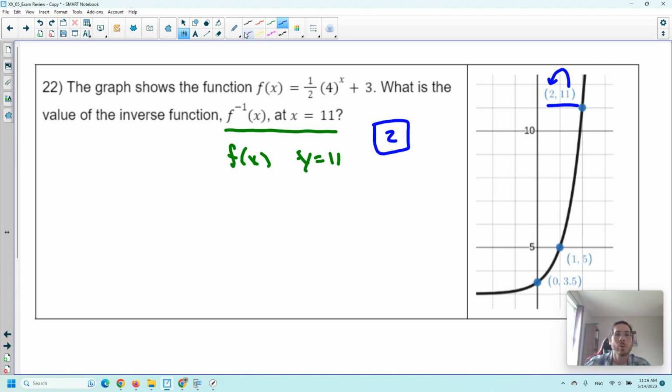If you really want, you can actually find the inverse. So if you really wanted to, you could start back at the beginning and work your way through it and say x equals 1/2 4 to the y plus 3. So minus 3 both sides equals 1/2 4 to the y.